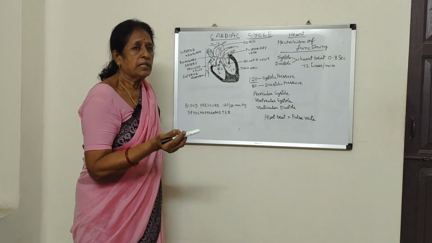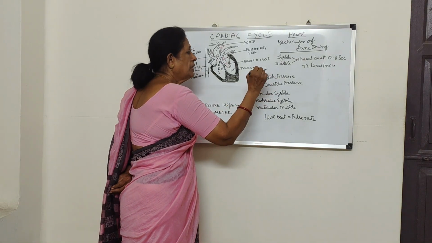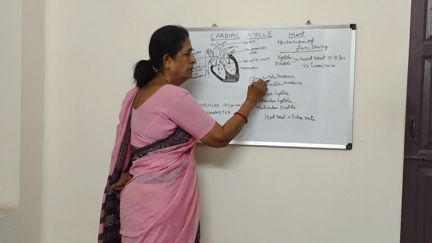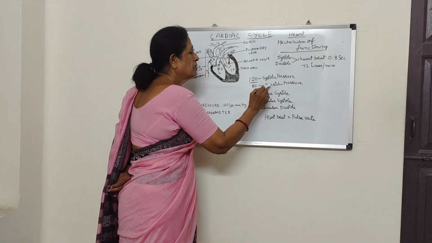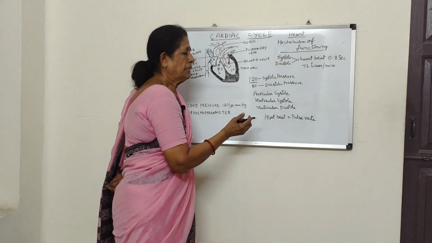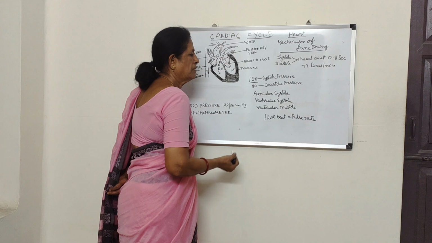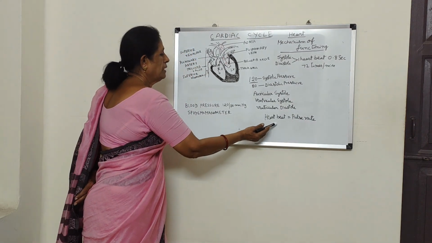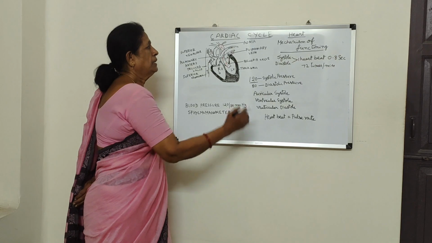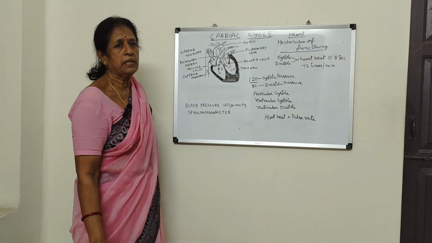Diastole means the expansion, relaxation phase. 120 means systolic pressure, the pressure exerted during the systole stage, and diastolic pressure means the pressure exerted during the expanded condition. Auricular systole, ventricular systole, ventricular diastole. And finally, heartbeat is always equal to the pulse rate. That is the mechanism of functioning of the human heart.